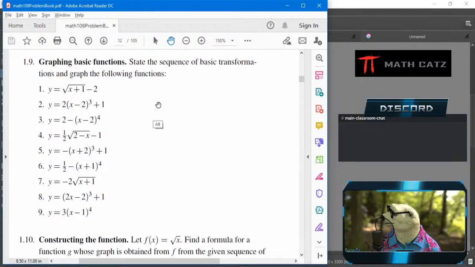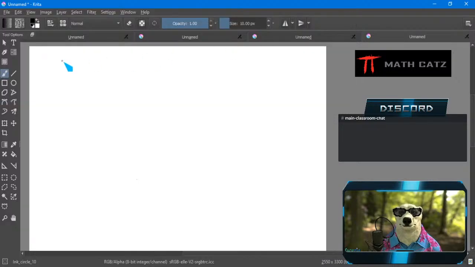There you go. I want to look at the sequence of basic transformations, and we can graph it, sure. I'm actually not going to graph this one, but I'll graph the next one because this is so similar to the parabola shape. This is problem 1.9, number 9: y equals 3x minus 1 to the 4.